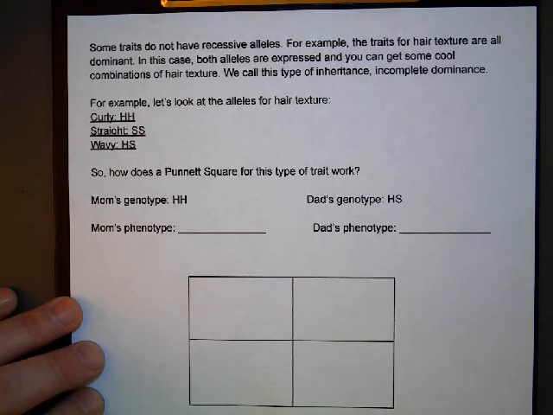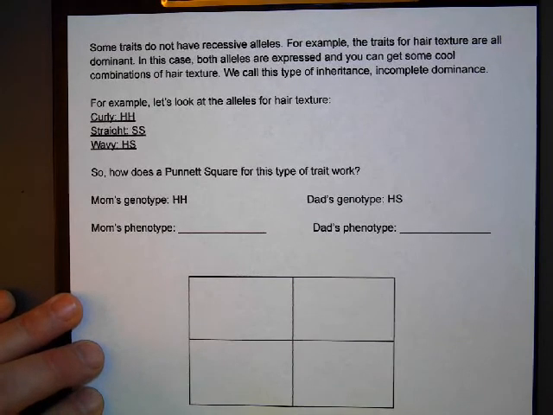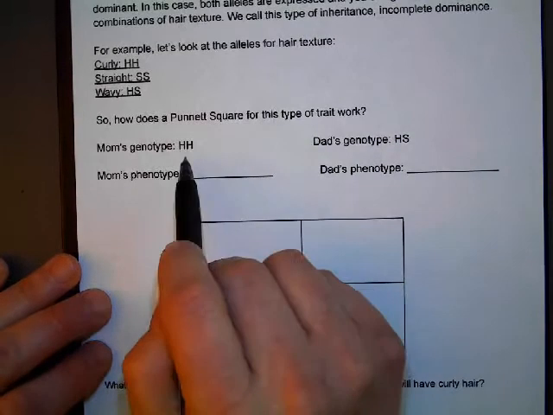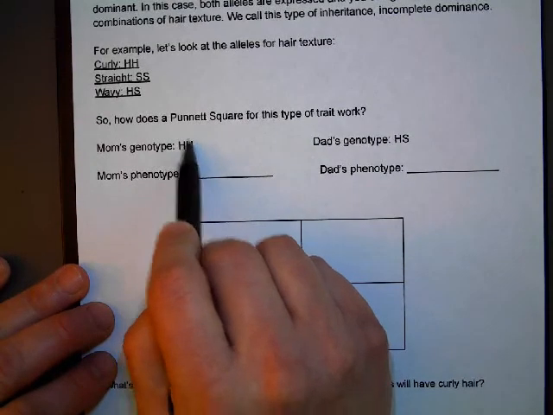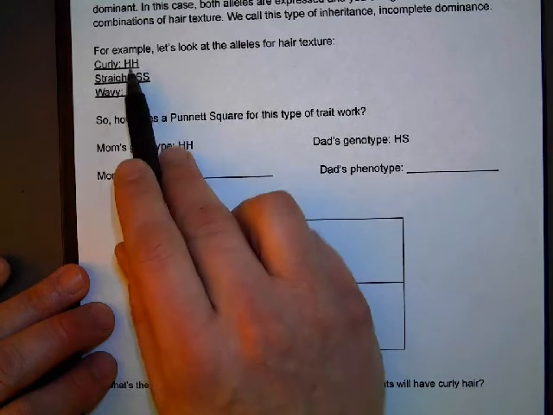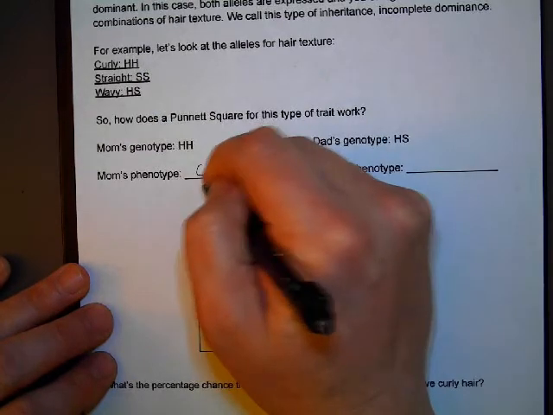So how does a Punnett square for this type of trait work? Well, let's look. I've just chosen two random examples here. I have a mom that has capital H, capital H genotype, and this genotype would code for curly hair.